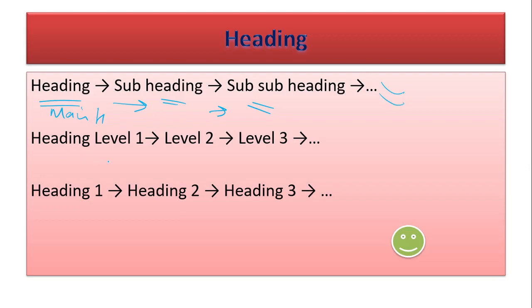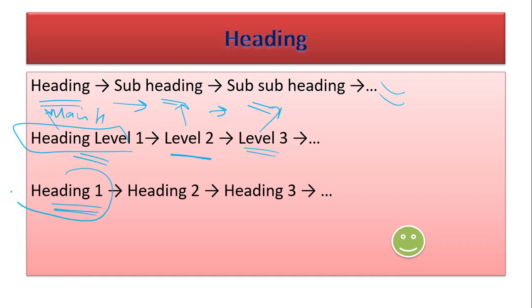You can define heading level 1 as the main heading, heading level 2 as a subheading, and heading level 3 as a sub of the subheading. Alternately, you can define heading 1 as the main heading or level 1, heading 2 as level 2 or subheading, and heading 3 as a sub of the subheading, that is level 3.